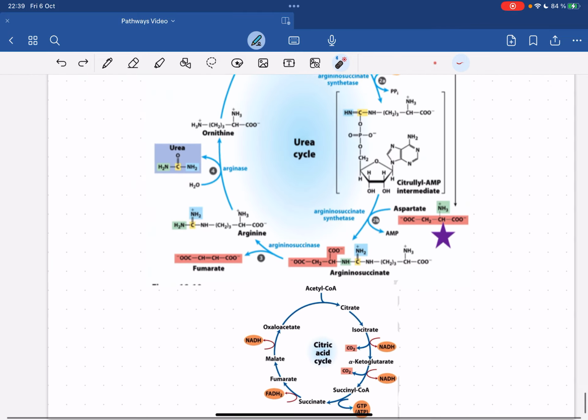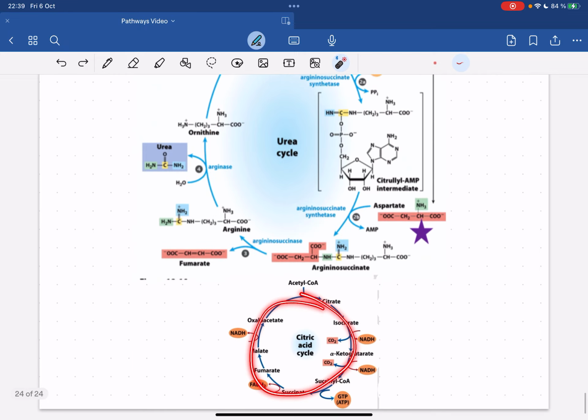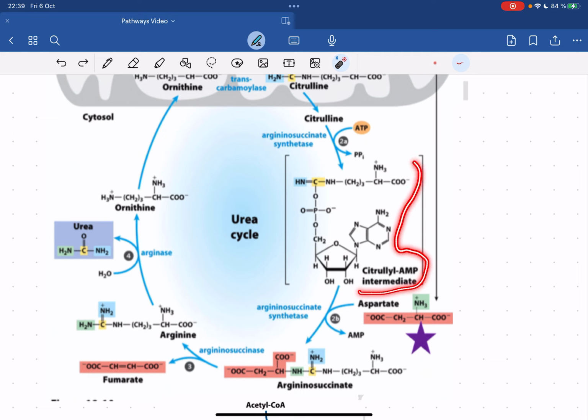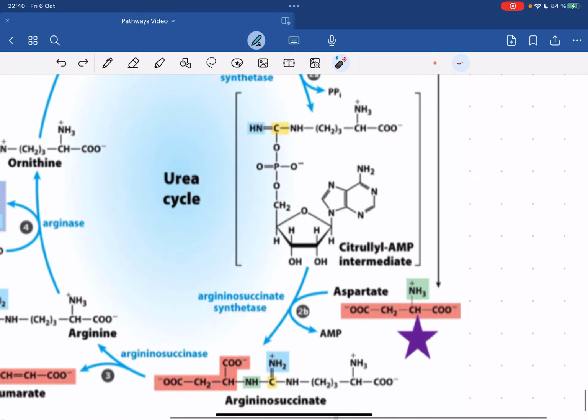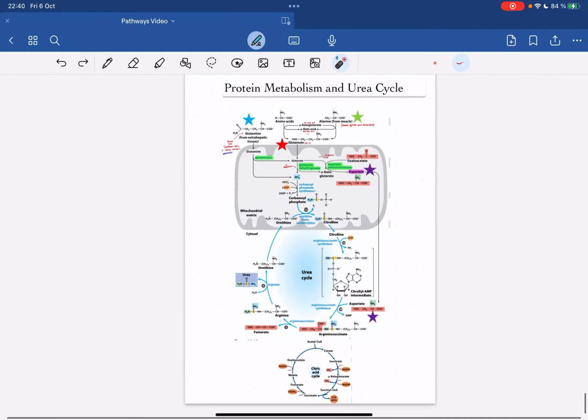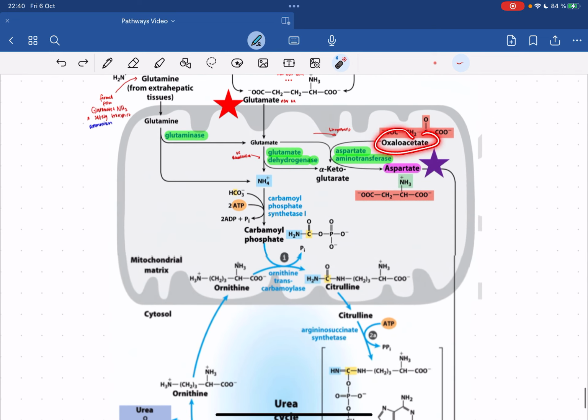So again, this whole urea cycle mirrors a lot of things that are happening in the citric acid cycle. I don't think you need to remember this molecule, nor how it's spelled out fully, but this is only a scheme to show you exactly what is going on here. Also, the aspartate right here, excuse me, comes directly from the oxaloacetate.